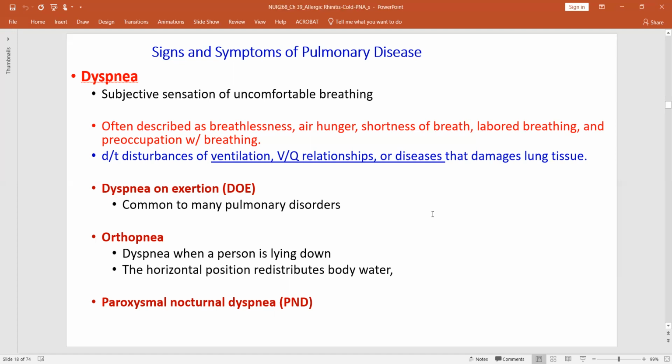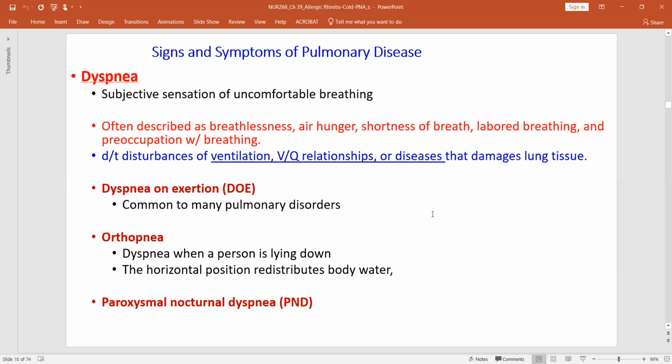That would be the cause of this DOE. Orthopnea is dyspnea when a person is lying down. The horizontal position redistributes the body water, which causes the abdominal contents to exert pressure on the diaphragm and decreases the efficiency of the respiratory muscles. That's why the patient exhibits orthopnea.